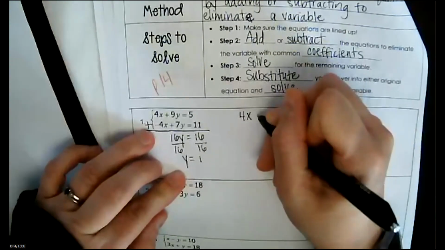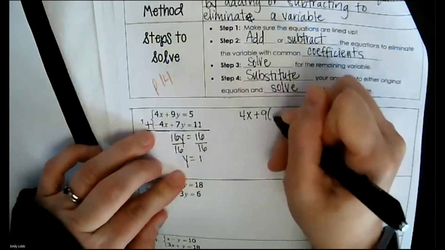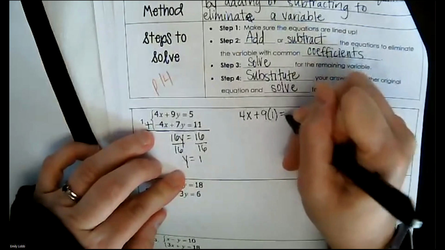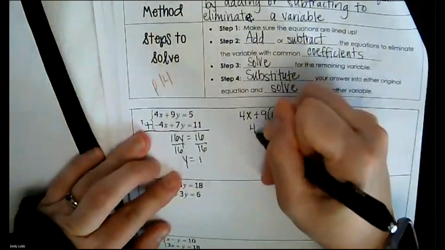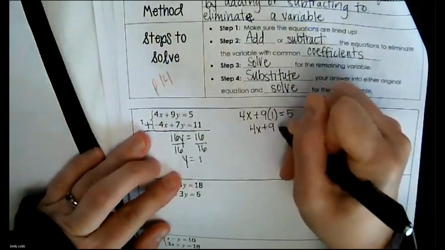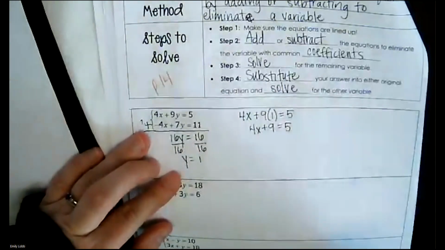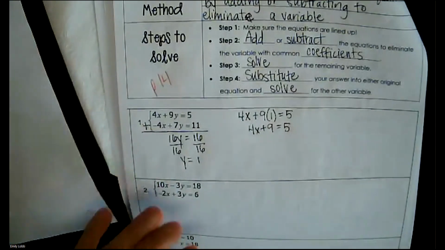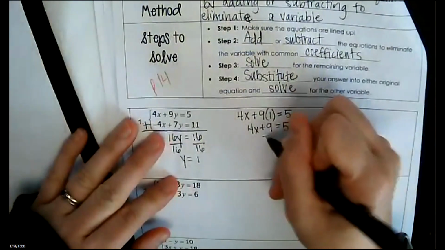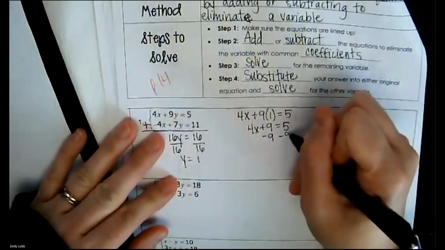So we have 4x plus 9 times 1 equals 5. So simplified, we just have 4x plus 9 equals 5. And then we're solving that 2-step equation here. So we're going to subtract 9 from both sides.